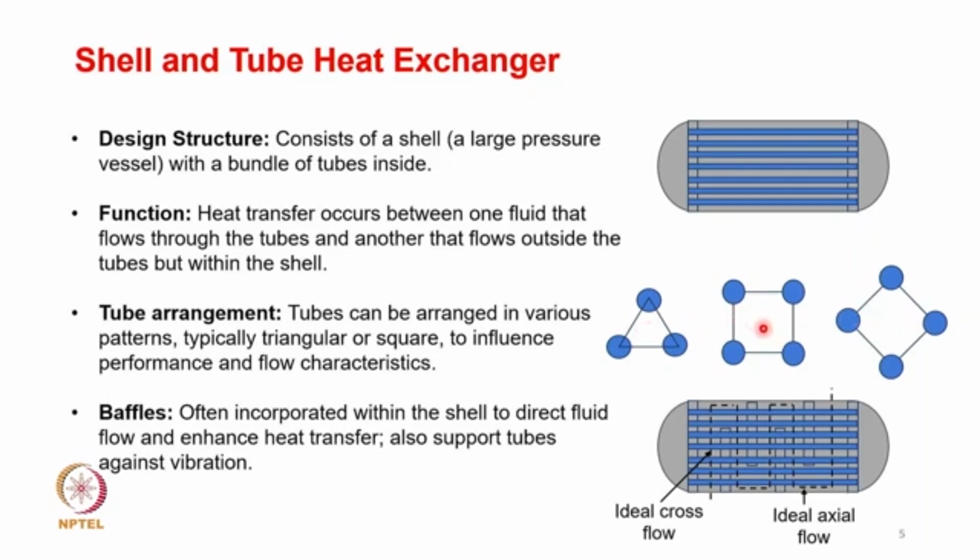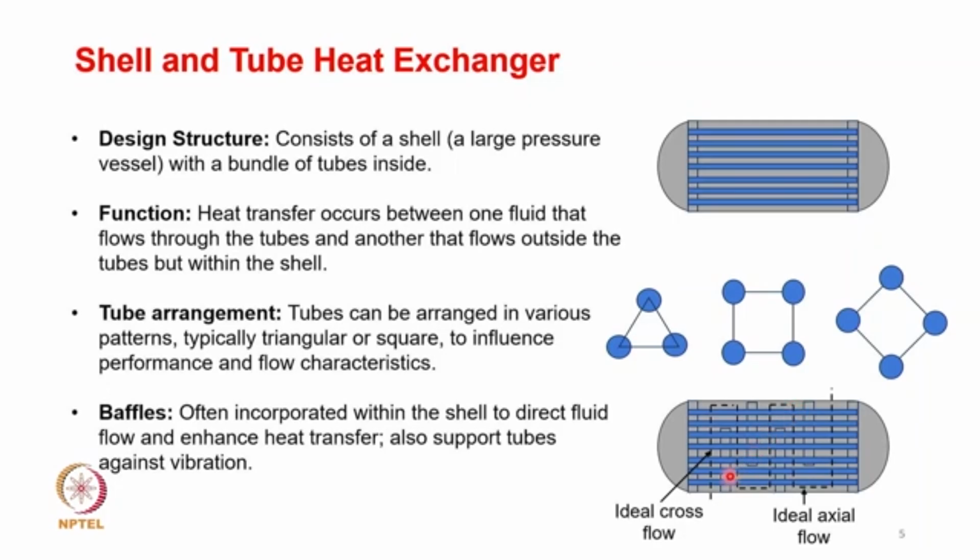And you typically install a material known as baffles inside the shell. What you can see over here, these are all the baffles. When baffles are incorporated in a heat exchanger, they direct the flow of fluid in a particular direction, thereby increasing the rate of heat transfer.